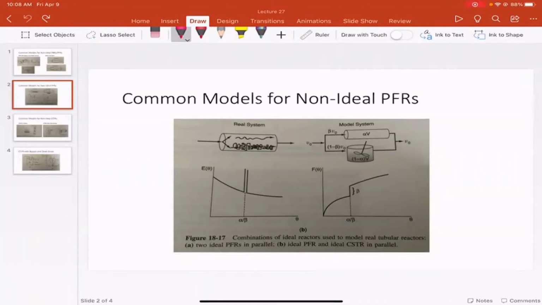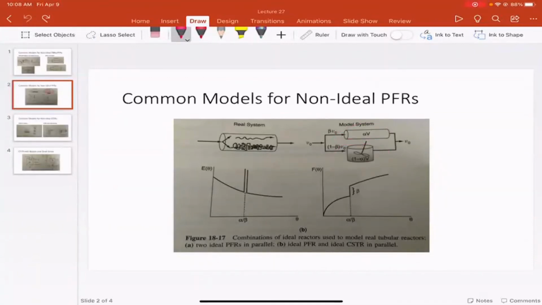So you have some aspect of well mixing in the PFR, maybe because it's not laminar, for example, that you have turbulent, like highly turbulent flow. So you might model that system as a CSTR and a PFR in parallel.